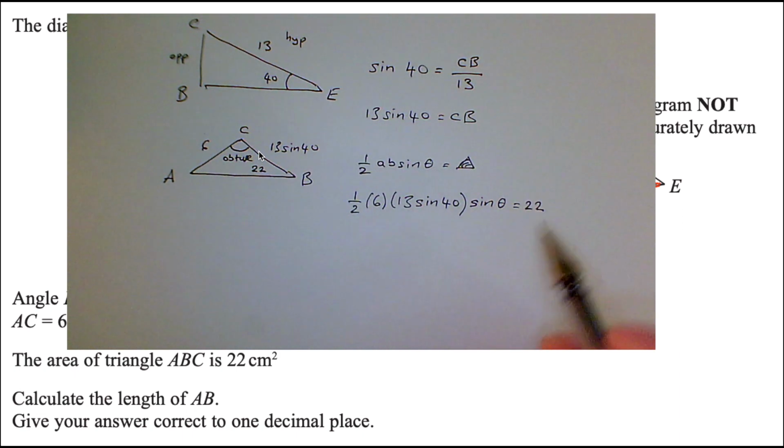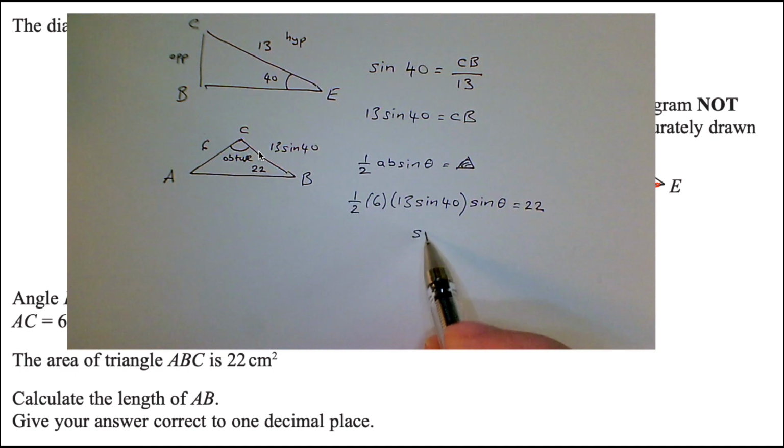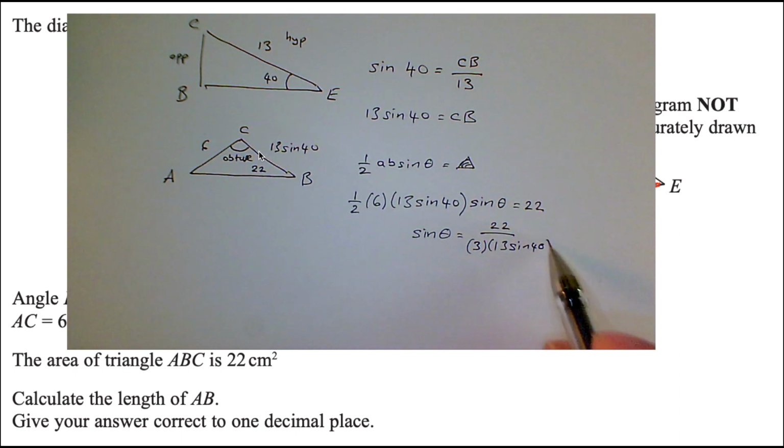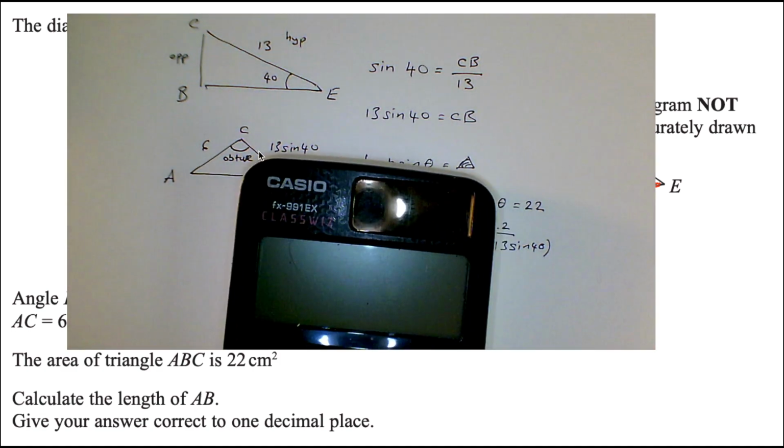If I do 22 divided by everything, I should be able to get sine theta by itself. So sine theta is equal to 22 divided by a half times 6 times 13 sine 40, and that I need a calculator for. Half of 6 obviously is 3, but 3 times 13 sine 40. I'm going to stick that into my calculator, and then do inverse sine to get rid of the sine, which leaves me with theta, the angle I'm interested in.